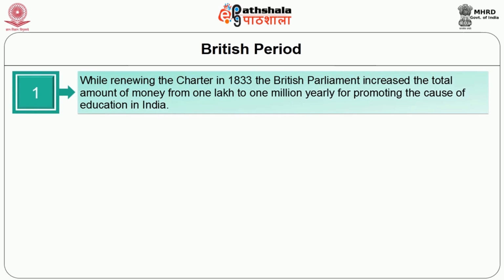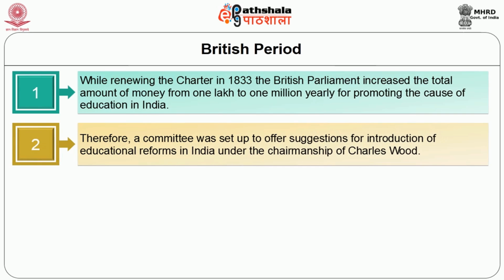While renewing the charter in 1833, the British Parliament increased the total amount of money from 1 lakh to 1 million yearly for promoting the cause of education in India. Therefore, a committee was set up to offer suggestions for introduction of educational reforms in India under the chairmanship of Charles Wood.